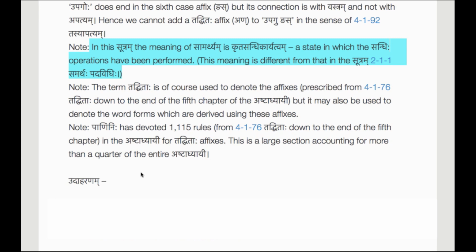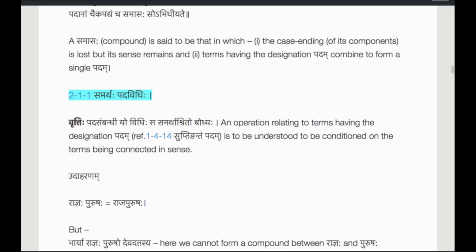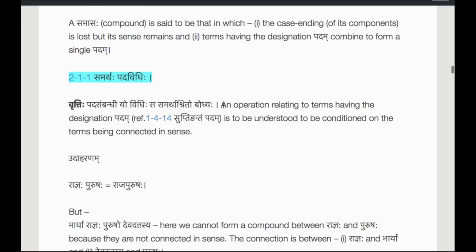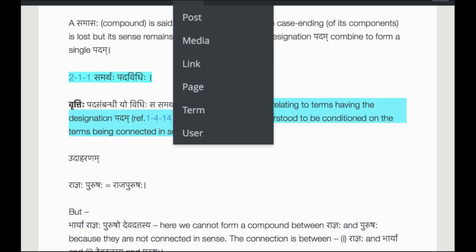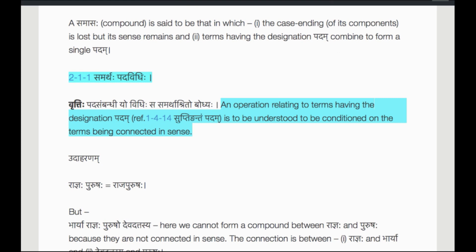But for the time being, please note that this meaning of samarthyam is different from that in Sutram 2.1.1, samarthaf padavidhi, which says that an operation relating to terms having the designation padam is to be understood to be conditioned on the terms being connected in sense. So there samarthyam means a logical, syntactic connection between the terms.